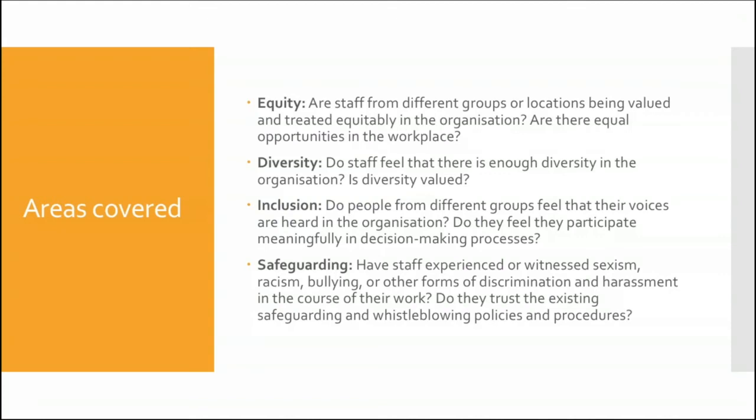We also ask very specifically what kind of people might be the perpetrators of such abuses or harassment. And we ask people also about whether they trust the existing safeguarding and whistleblowing policies and procedures within the organization, and what can be done to improve these.